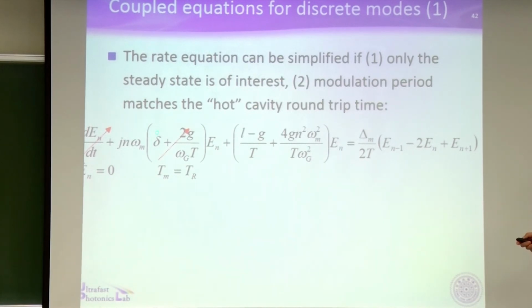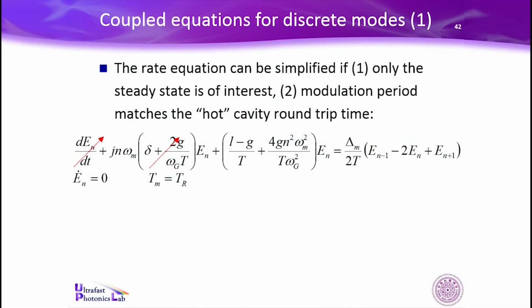Okay? So now you can understand why the detuning factor delta is non-zero, purposely non-zero. Because we need a non-zero delta such that this term can be really 0. But the physical meaning is quite easy. Your modulation frequency has to match the hot cavity instead of the cold cavity.